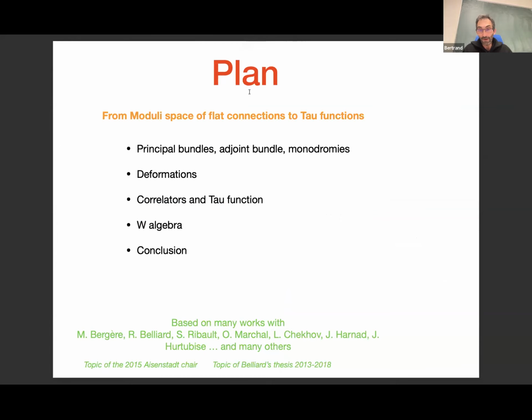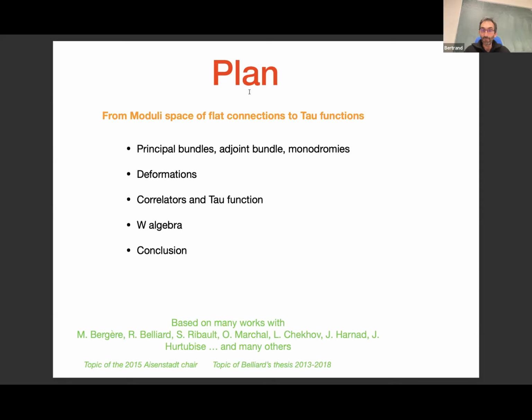These works are based on a long series of things that I've done for a long time. It really started with a paper with Michel Bergère, and all of what I'm going to talk about is really the heart of the thesis of my student Raphaël Béliard. But I interacted with many other people. We have current work with Jacques Hurtubise, but this also came from discussions with many of you, in particular John.